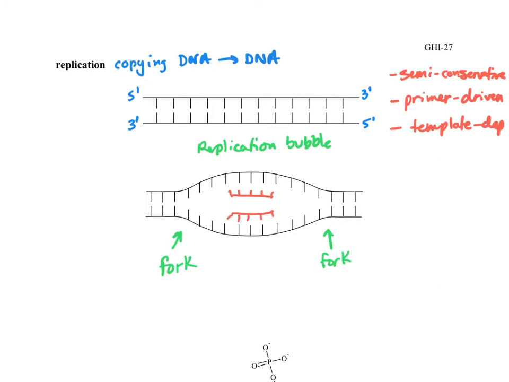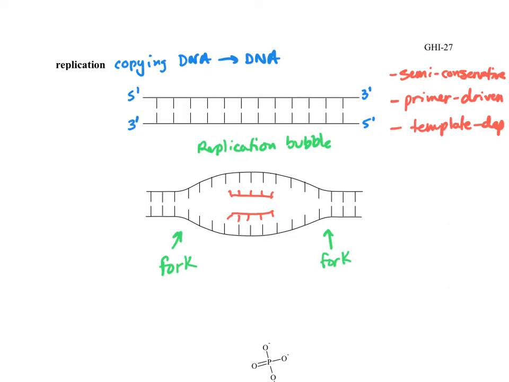And this idea of semi-conservative means that we will end up with two new double-stranded molecules. Here's one of them down here, and here's another up here, and each one of those conserves or maintains one of the original and has one new strand. So that's what semi-conservative means.